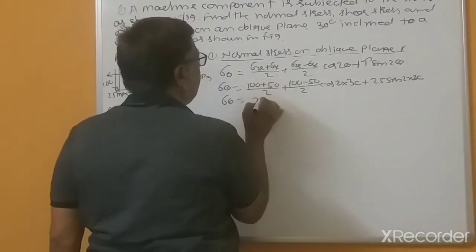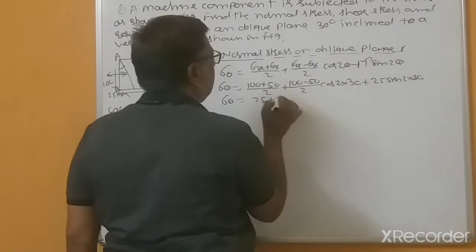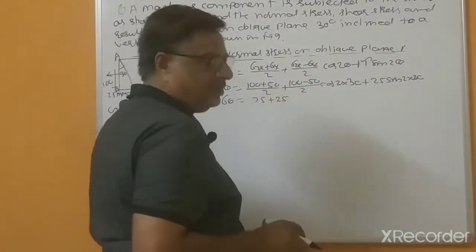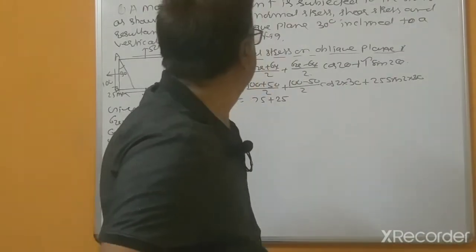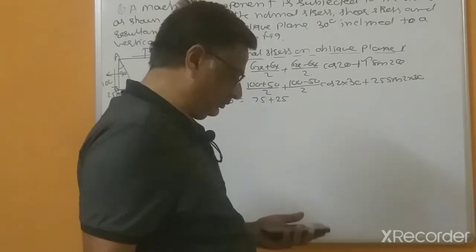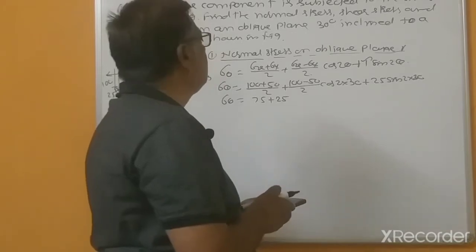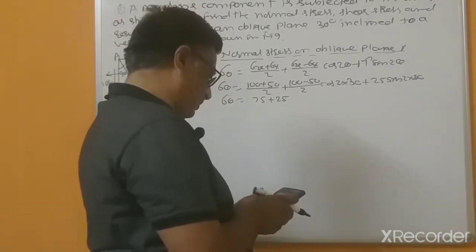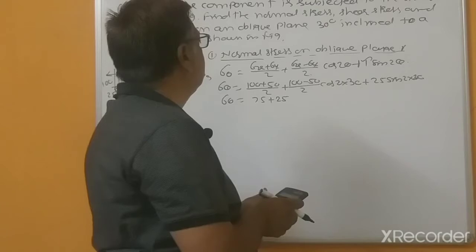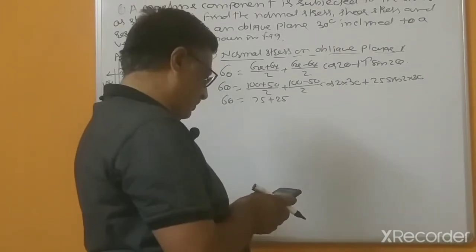So this is 75 plus 25 into cos 60 multiplied by 25.